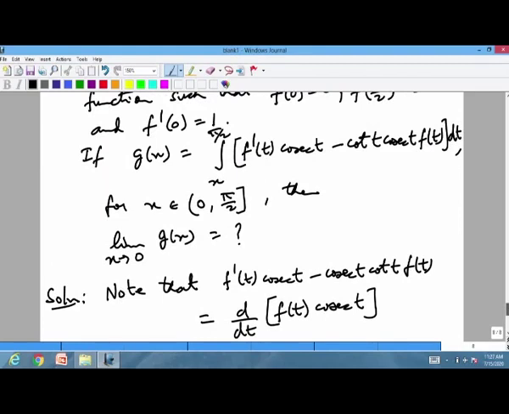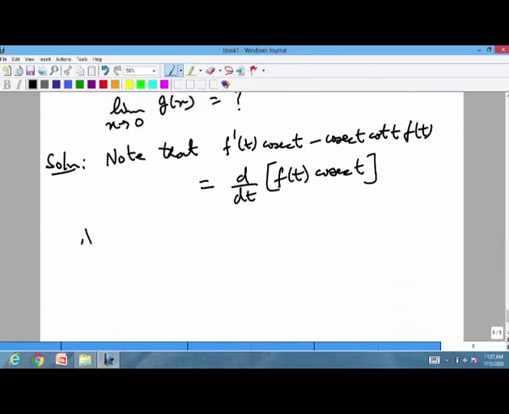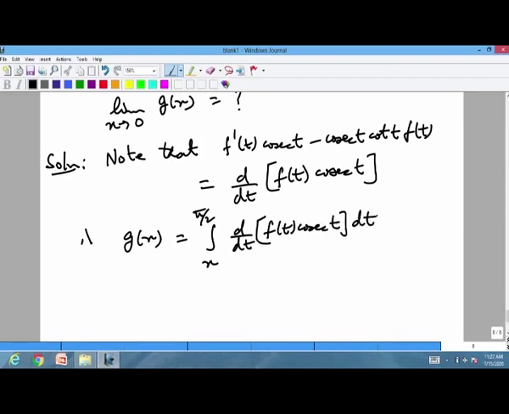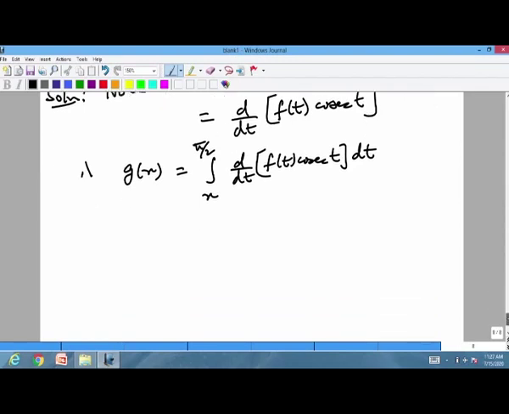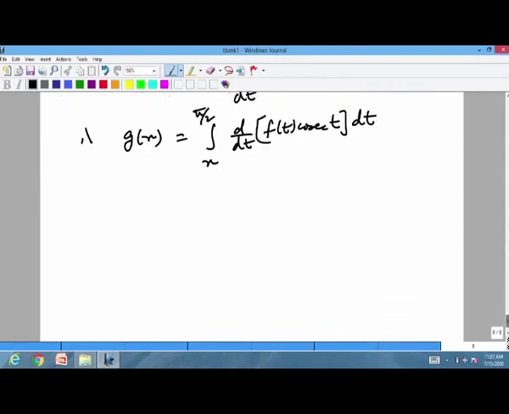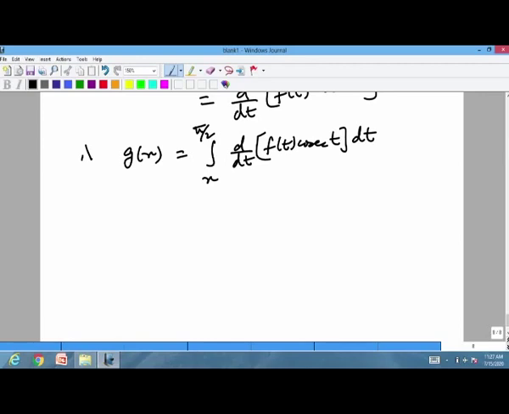So, therefore, this g of x is equal to the integral from x to pi by 2 of d by dt of f t cosec t, dt. So, once we know the antiderivative of the integrand, then by the fundamental theorem of calculus, this is equal to f t cosec t evaluated between x and pi by 2.